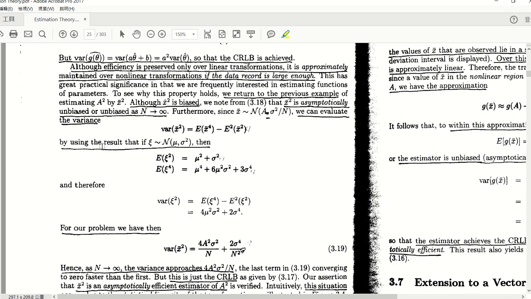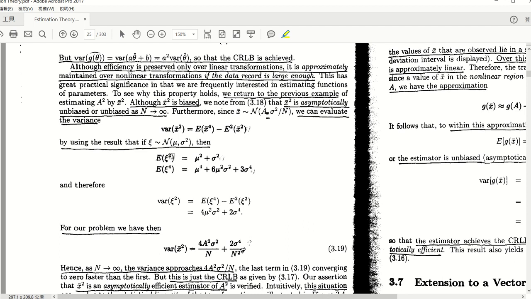By using the result that if c is distributed N, then the expectation of this is this. This is Gaussian with mu and sigma squared. Right? So if c is squared, this is called the second moment, if you will.